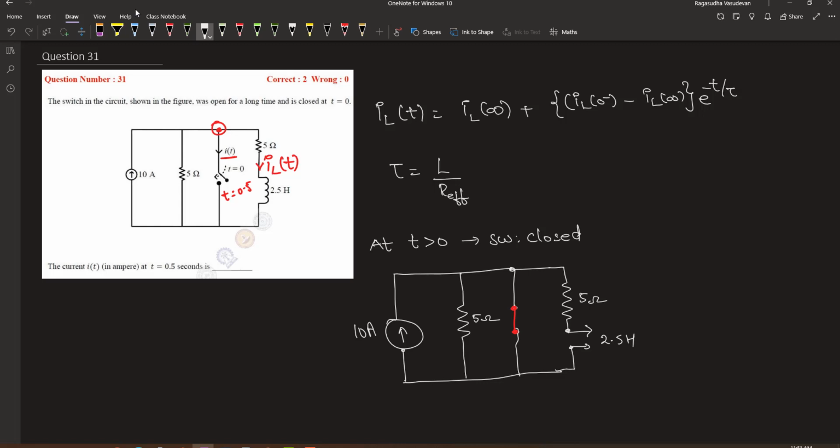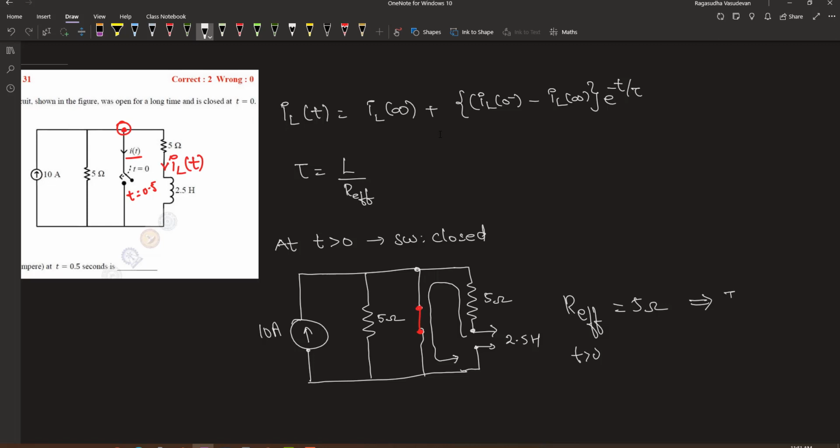Looking at the perspective of this inductor, the effective resistance of the circuit will just be 5 ohm, because into this closed loop only the 5 ohm resistor is present. Therefore, the effective resistance at time t greater than 0 is equal to 5 ohm. This implies that the time constant is equal to 2.5 Henry divided by 5 ohm, which is equal to 0.5 second.